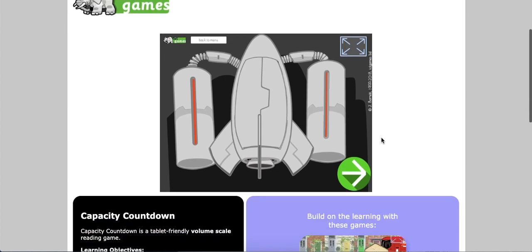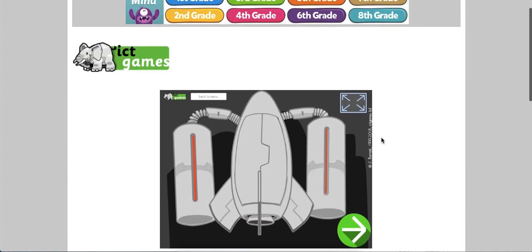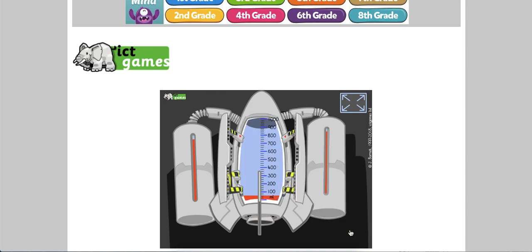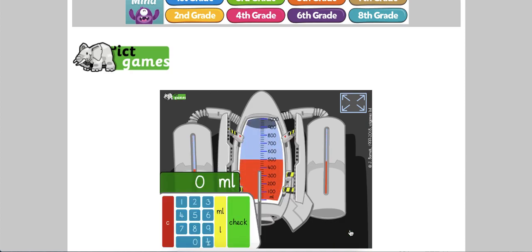And why do you think we would need capacity in a rocket? Because we would need to put in fuel, and fuel is a liquid, so we'd need to measure. Okay. So on your whiteboards, can you please write down what capacity of fuel is in the rocket?